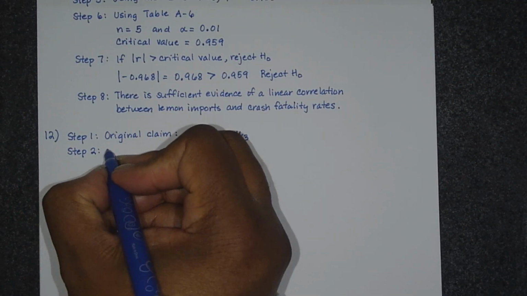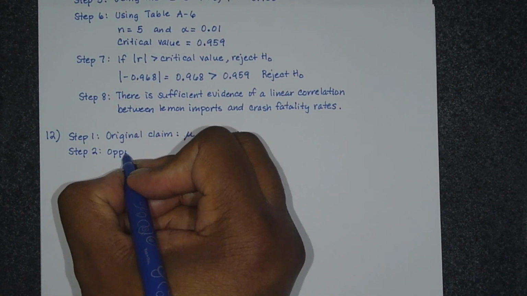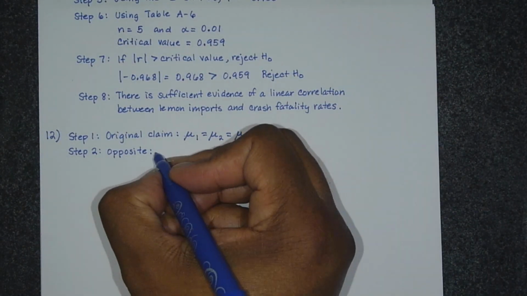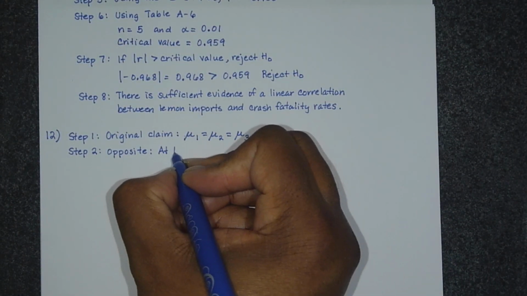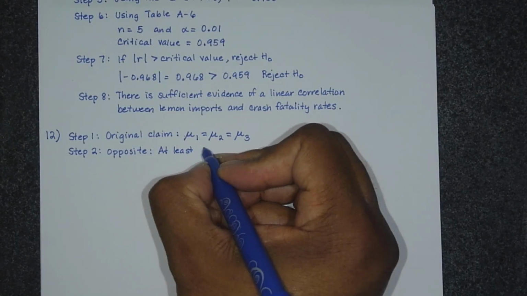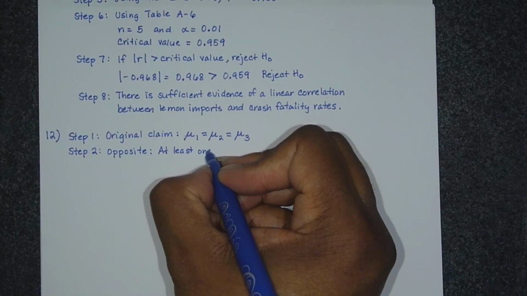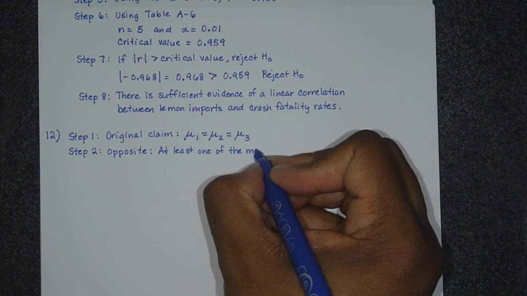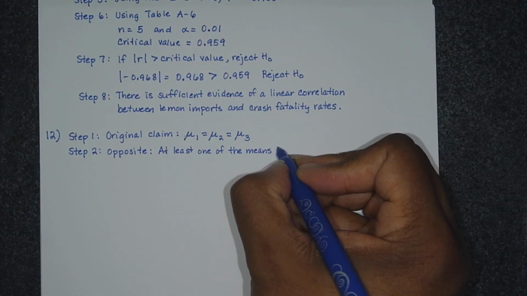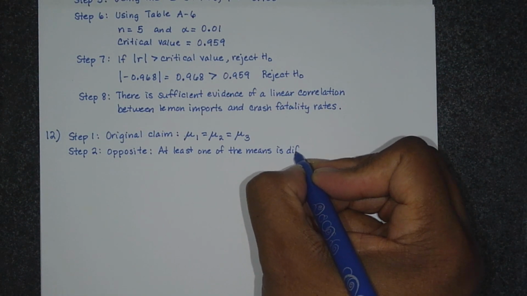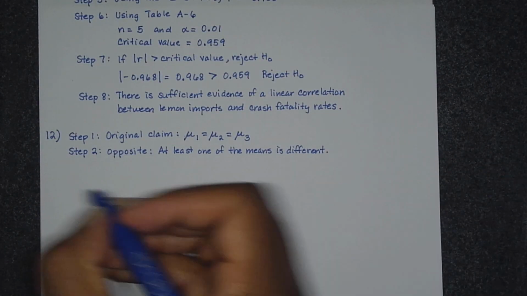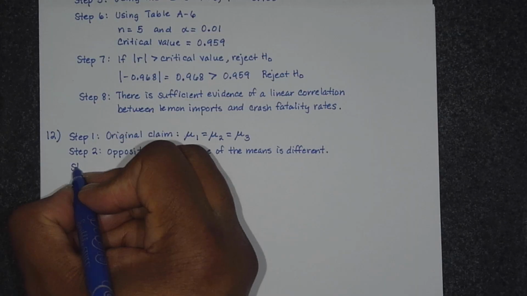Now, step number 2 would be the opposite of the original claim. What was that? At least one different. Right. At least one of the means is different.